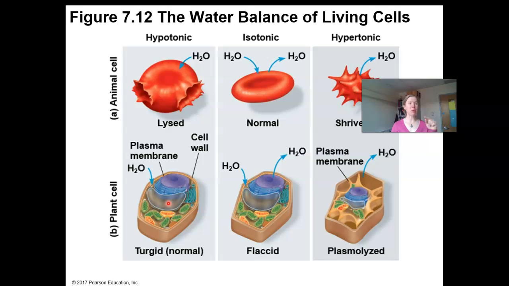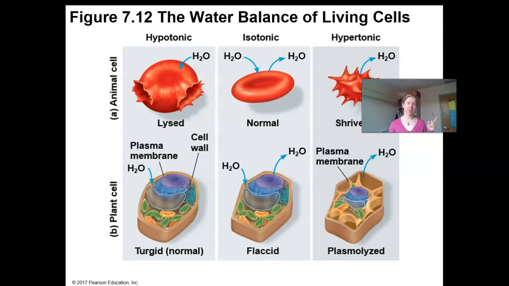So it can fill, remember, the central vacuole from last chapter, that water can fill the vacuole, right? And the water pressure pushes then out on the cell wall, and that cell, they call it turgid, right? It's full. This is normal for a plant cell. And notice in an isotonic solution, it can't actually pull enough water into the cell, and so your plant is kind of, right? Leaning over.